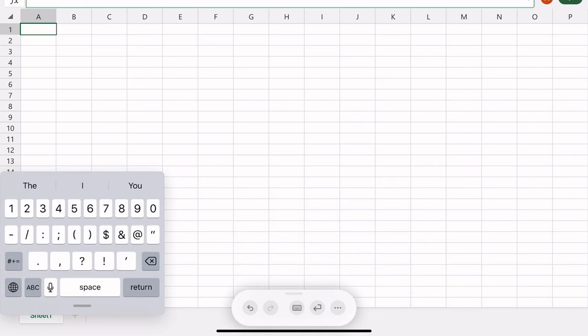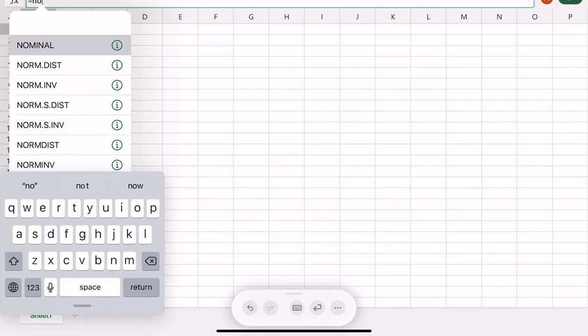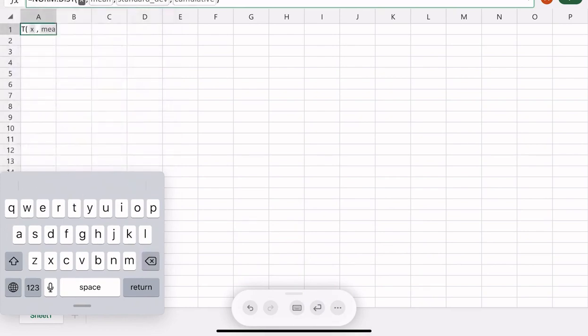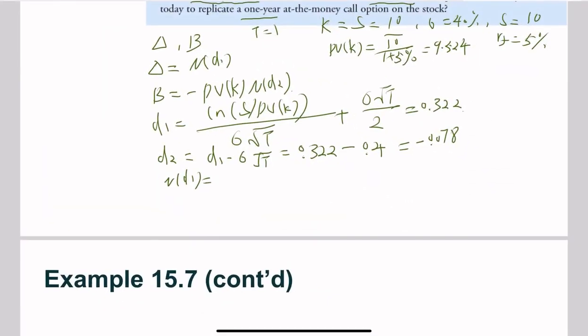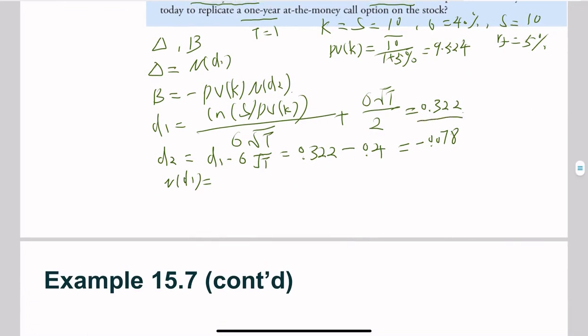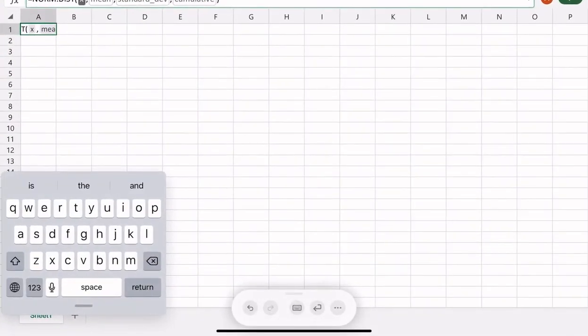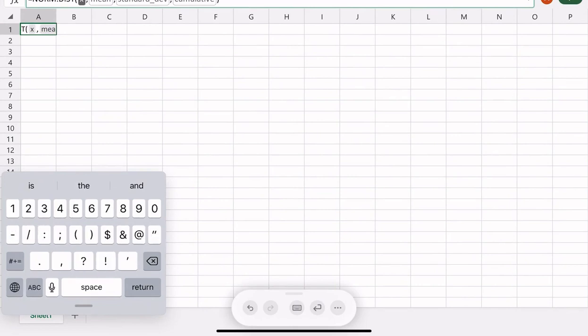Okay, so equals normal distribution. And now what kind of x do we want to use here? D1 is 0.322, right? So it's 0.322.